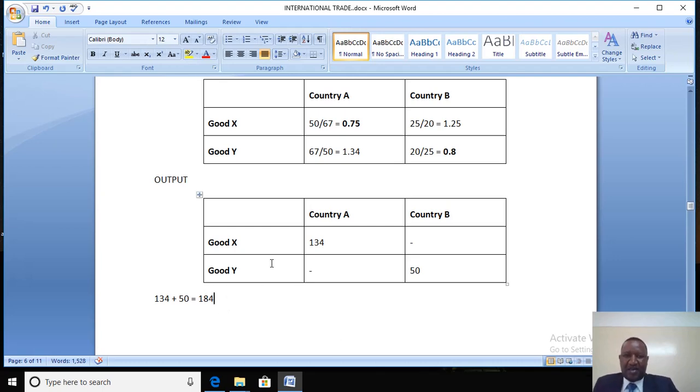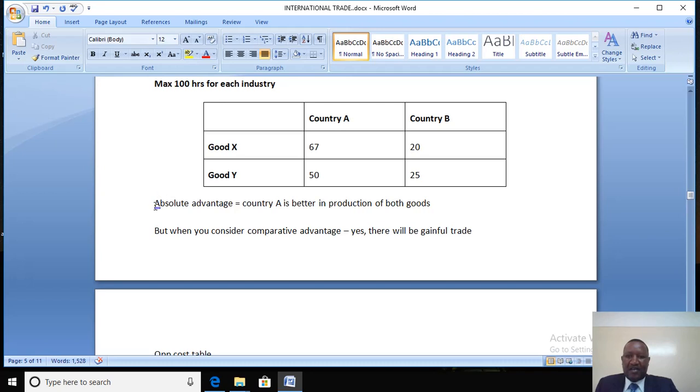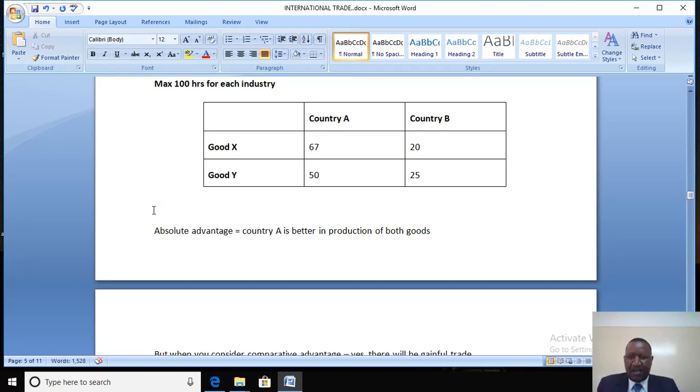Is this better than what we had before? Let's look at our estimated outputs. Our estimated output showed that country A will produce 67 plus 50, that's 117, plus country B will produce 20 plus 25, that's going to be 45.